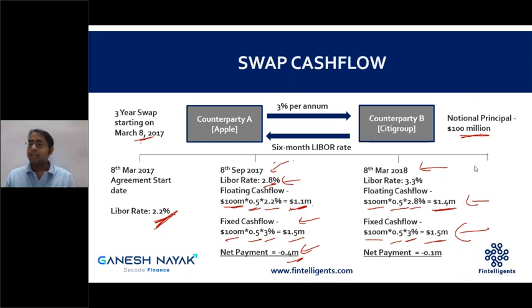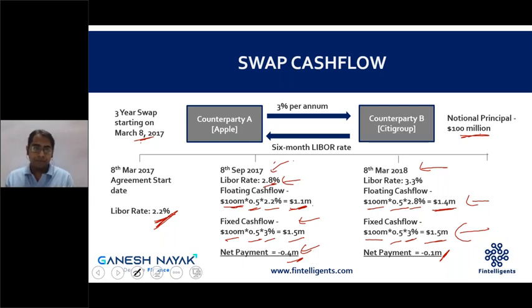Okay, so you can see from this cash flow itself that Apple is going to pay $1.5 million, but it is going to receive $1.4 million. That means net payment of around $0.1 million will happen from Apple to Citigroup. Okay, so this will keep on continuing till the time we complete the 3-year period, because that is the swap period.